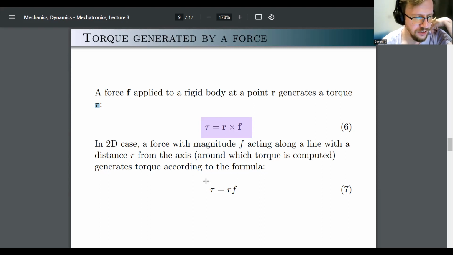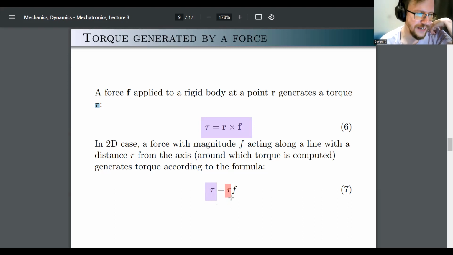What we have is our torque is equal to r, which is the distance between the line of action of the force and the axis of rotation. So it is point-like in 2D space.